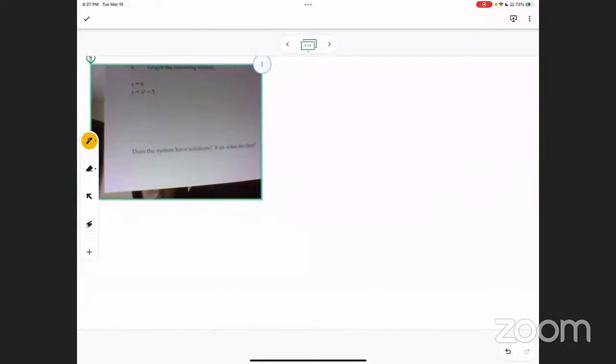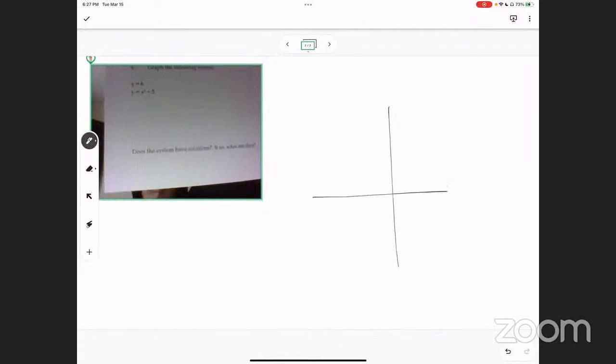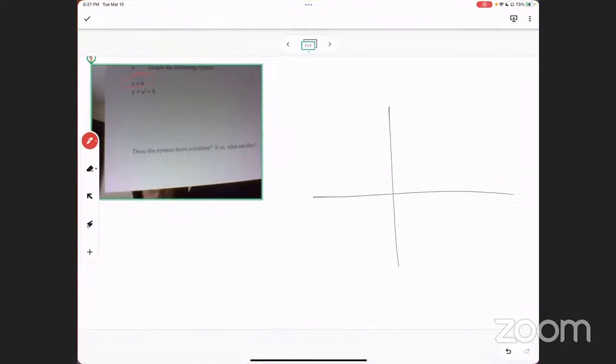All right. So this one, y = 6. So that's going to be a vertical or a horizontal line, right? Yeah. Y = 6 is up here. Y = 6. And then y = x² + 5. So x² + 5 means that it's basically your normal parabola, but it's just shifted up 5.